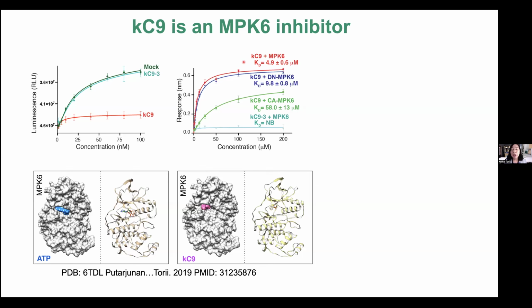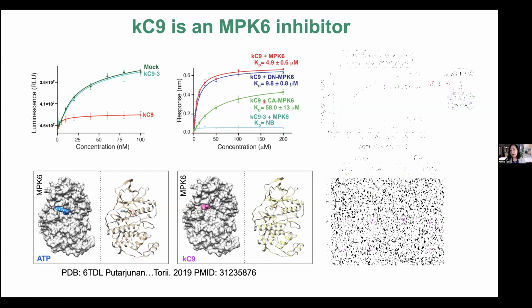We also show that KC9 binds to MPK6 as well as its dominant negative version. But if the kinase is constitutively active, the KD value goes up, so the affinity goes down, meaning KC9 is not a good inhibitor. If the MAP kinase is pre-activated, KC9 has a limited capacity to inhibit it. That's an important point.